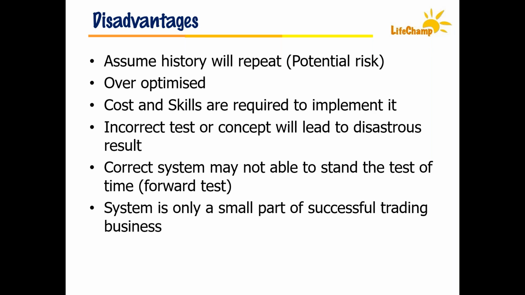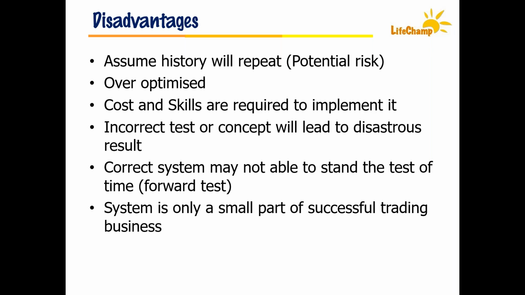Number 4 is the incorrect test or concept will lead to disastrous results. Sometimes you think it actually works, but it may not be the case. So you need to have this experience. And the next is that a correct system may not be able to stand the test of time, because sometimes you get a very good system, but once you start plugging it in and doing live trading with it, it may not work at all, you know.